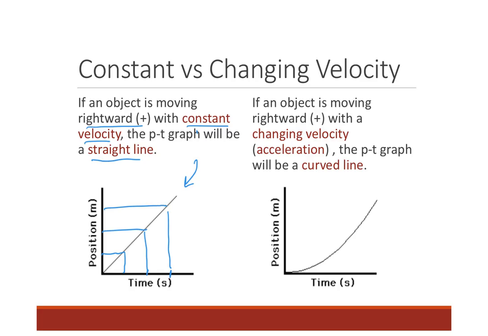If an object, also moving rightward or in a positive direction, is changing its velocity, if it is accelerating, and in this case we're only thinking about things that are speeding up or slowing down, not changing speeds in the middle, but that can be put on a graph. If we're looking at just a one-way acceleration, then your position time graph will show a curved line.